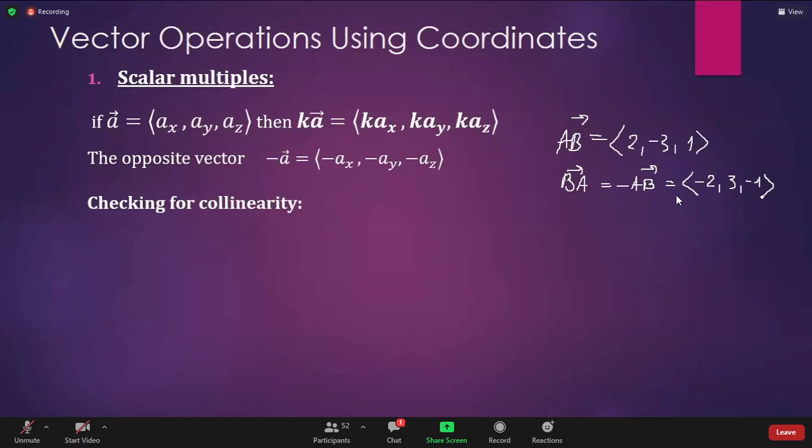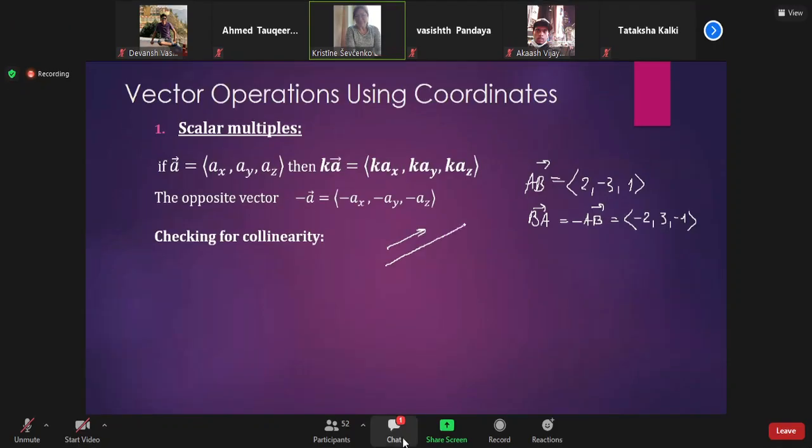All right. Now, checking for collinearity. Remember, we had this idea in geometric interpretation that two vectors are collinear, that is parallel to the same line, if and only if one of them can be written as a number times the other vector.